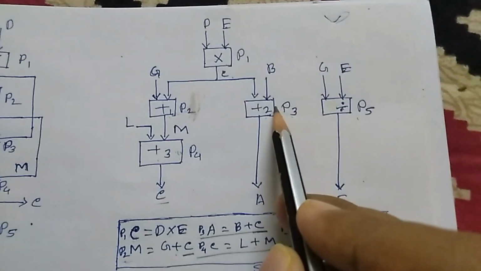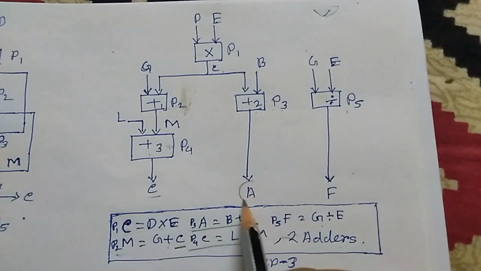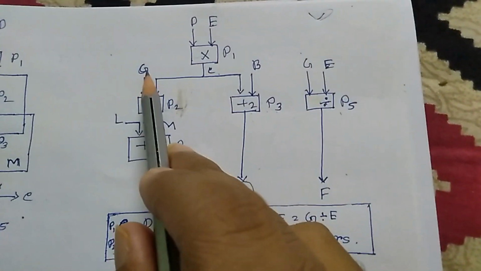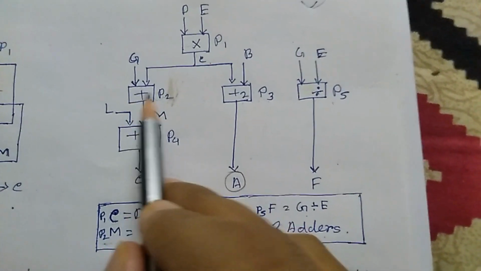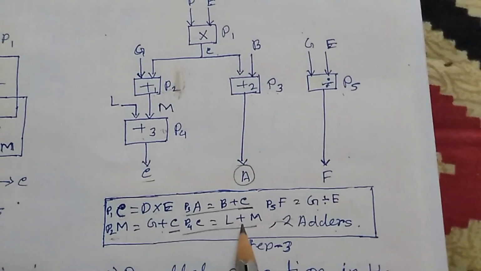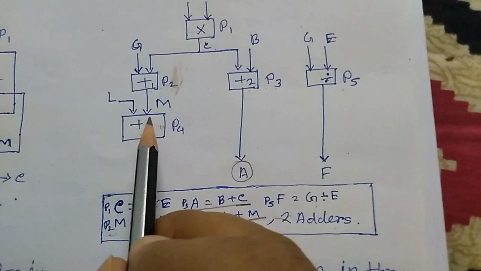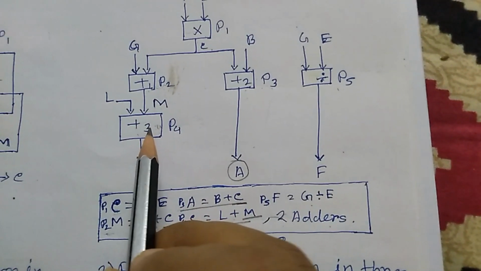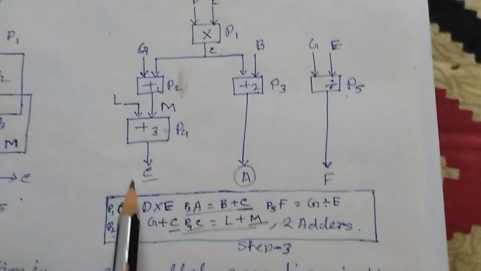P3 gets B and performs the addition and we get the output A. For P2 it gets C from P1 and G and performs the addition with the help of another adder and we get the output M. And M is used as the input of P4. So P4 gets M and L, performs the addition and gets the result C.